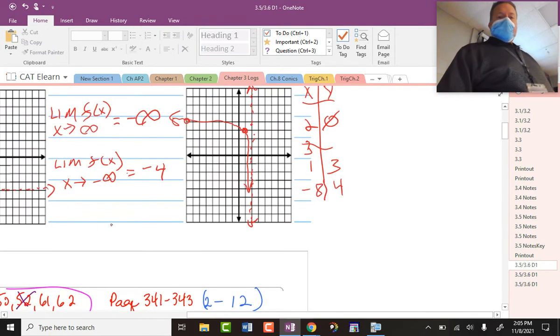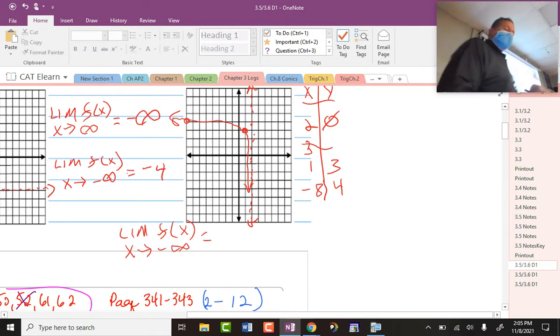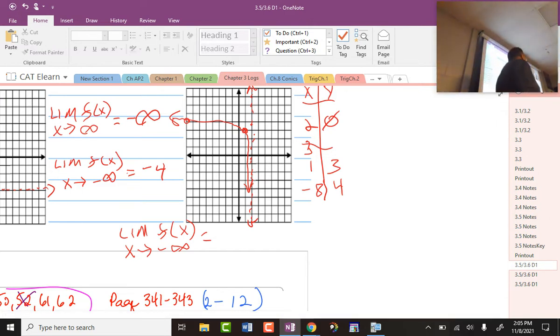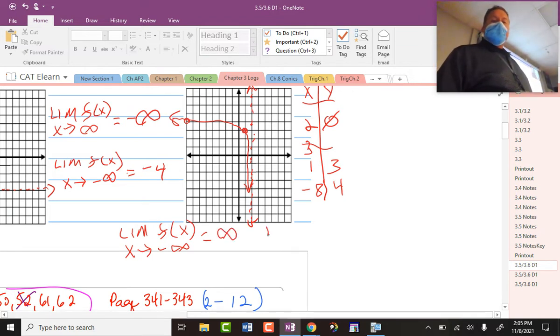Nice. Okay, so limits that I could ask. Limit of f of x, I can't ask as x goes to infinity. There is no graph on that side. I can only ask that one first. What's the answer, Lindsay? As x goes to negative infinity. It is infinity. And then the other special limit is the limit of f of x as x approaches the asymptote.